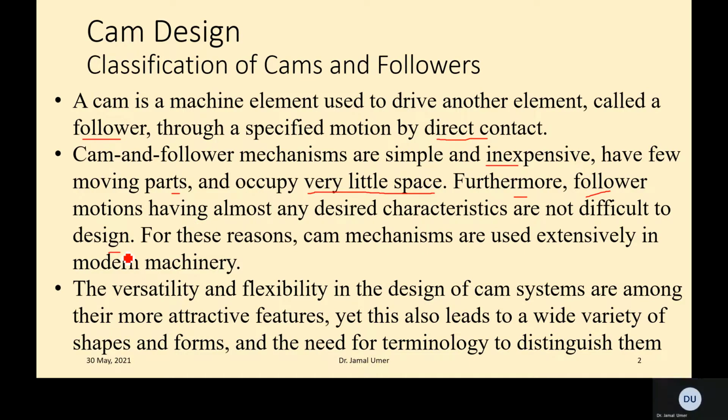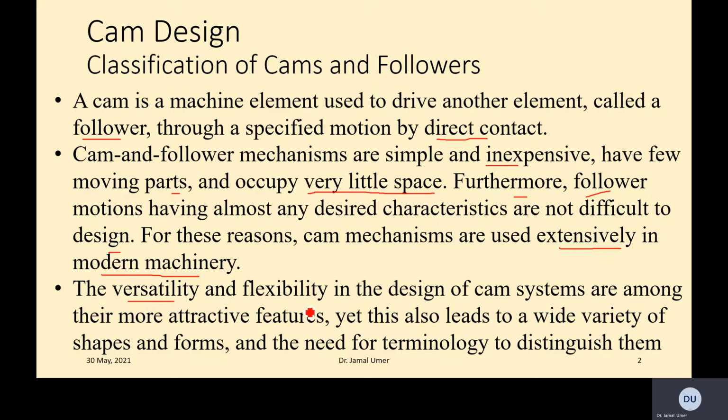For these reasons, CAM mechanisms are used extensively in modern machinery. So as I said, you have done most of this in the thermodynamics module. So the working principle of the CAM you might have discussed in the internal combustion engine, but there are many other applications. So I also have a very brief overview of those.